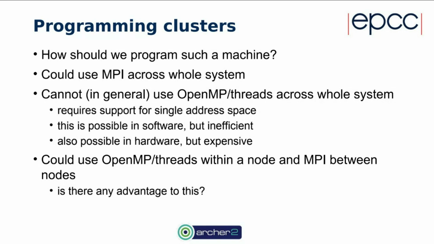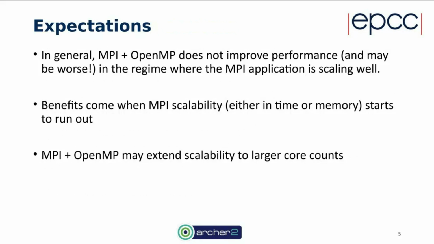The other possibility is we could use OpenMP or another threading interface inside a node, and then use MPI to communicate between nodes. But is there any advantage to doing that? Well, the answer is maybe, but we have to have some realistic expectations here.